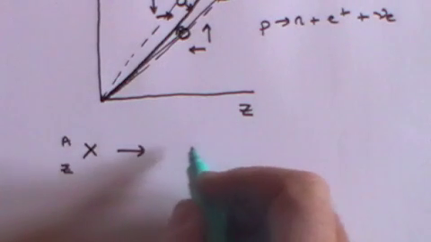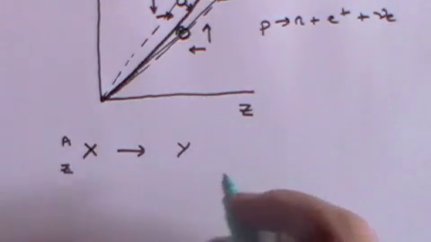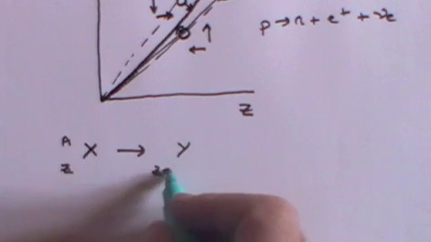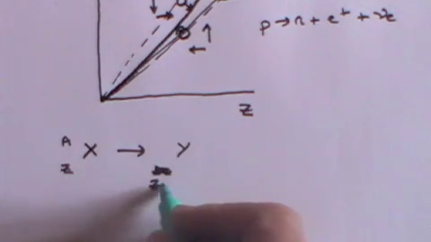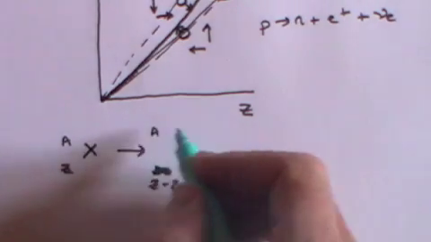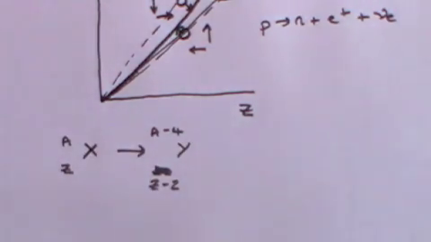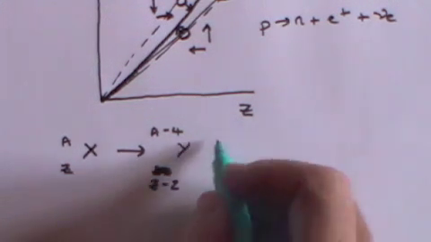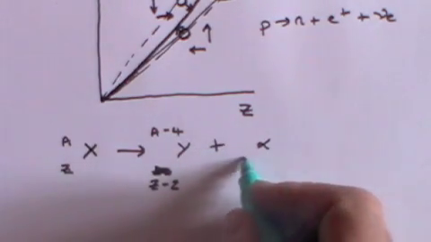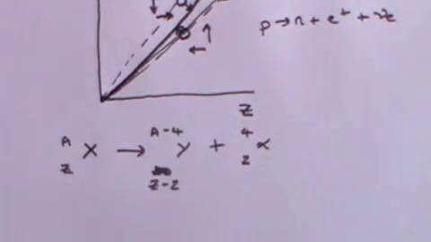That will decay to a new element Y with Z minus 2 and A minus 4, and that will be the new nucleus, plus an alpha particle with 2 protons and 4 nucleons in all. That's 2 protons, 2 neutrons.